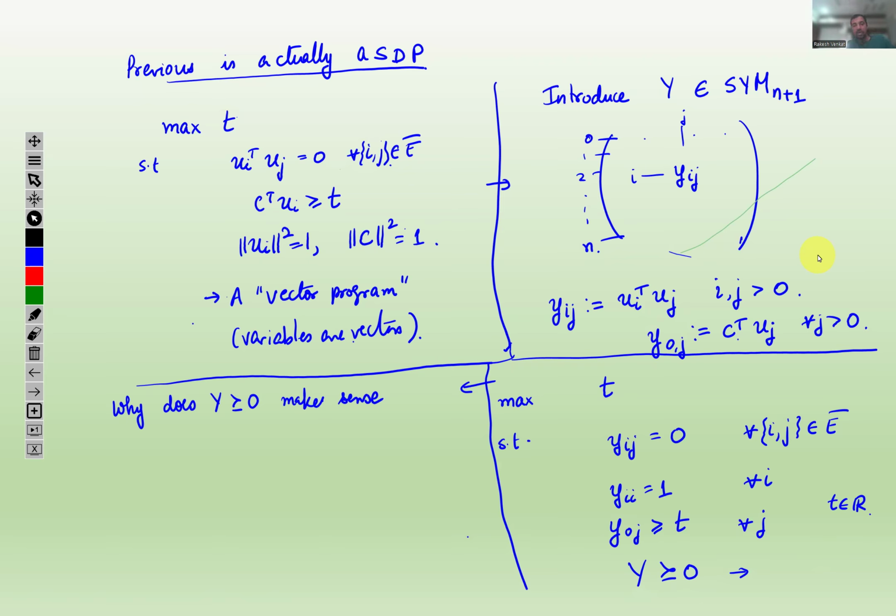Why does y being positive semi-definite even make sense over here?